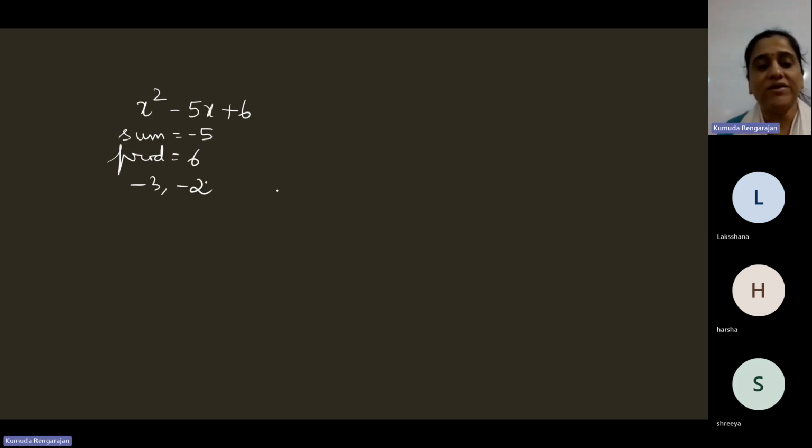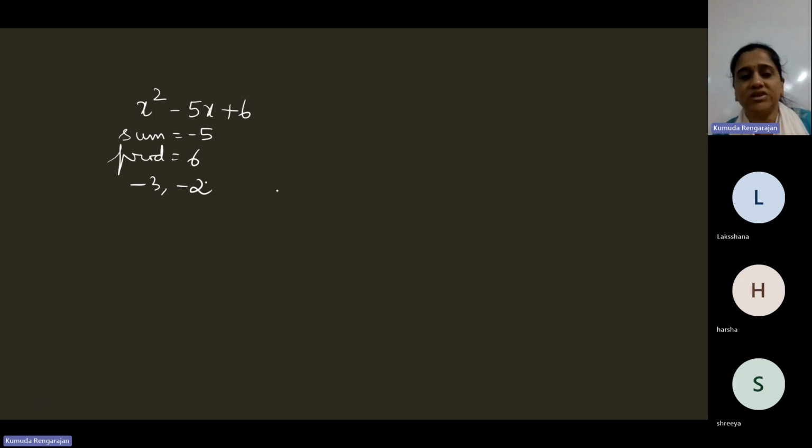x square minus 5x plus 6 is a quadratic polynomial in one variable x, because you can see the highest power is 2. What you see there is not an equation because there is no equal to sign there. It's a polynomial, and the highest power is 2, so it's a quadratic polynomial.